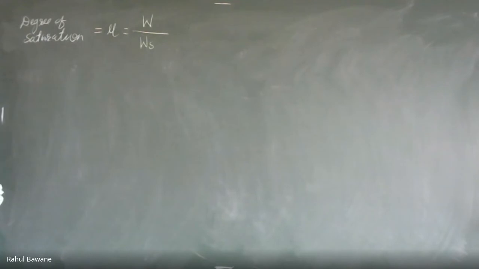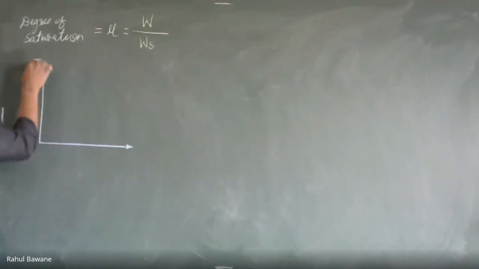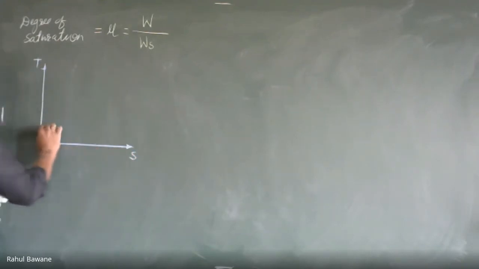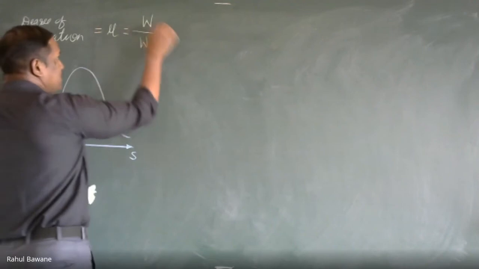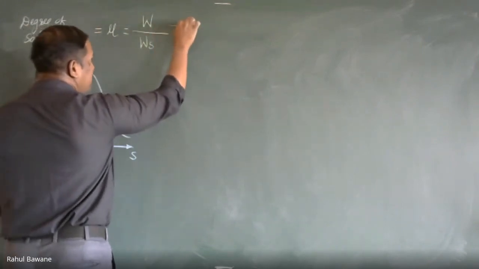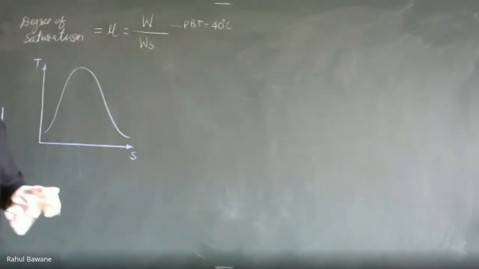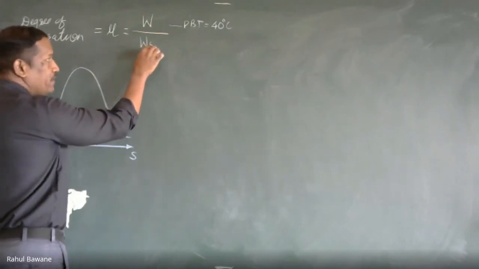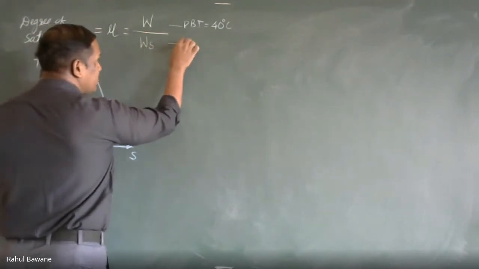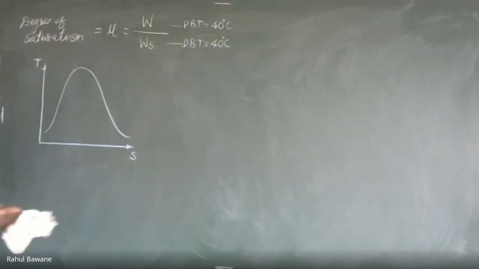Now, to elaborate this, I will go for the TS diagram. We know there is a dome. Suppose this is the specific humidity at DBT 40 degree centigrade. The saturated specific humidity is that of air when it is saturated, but the temperature should be the same. I can't change the temperature.